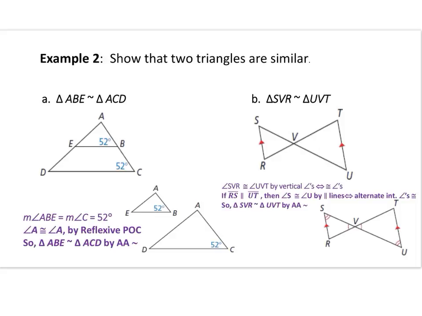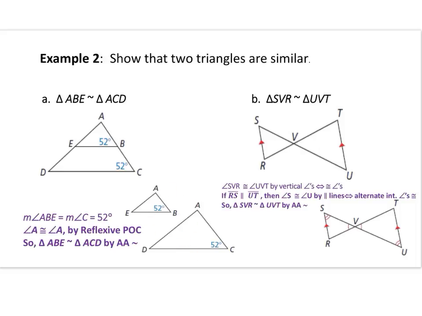All right, on our part A, we can conclude that triangle ABE is similar to triangle ACD by the angle-angle similarity. And that is one strategy, since triangle ABE is inside of triangle ACD. You might want to separate them and label all the parts that are given.